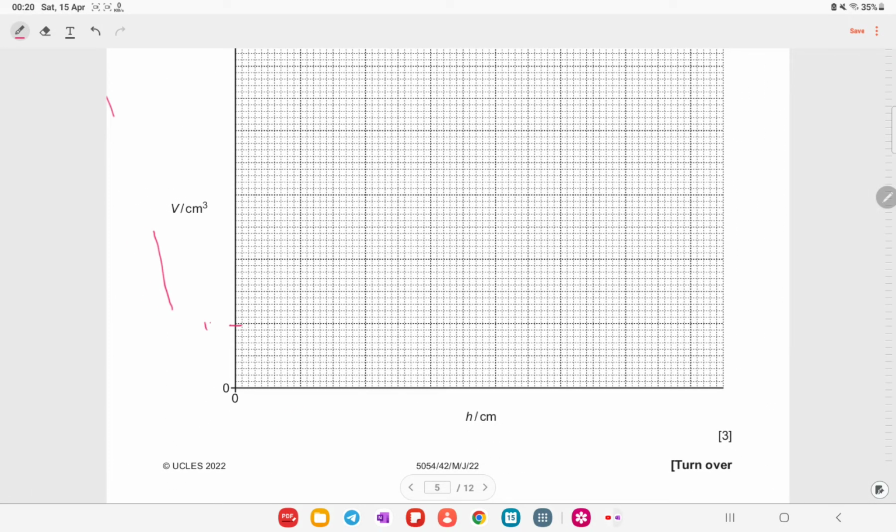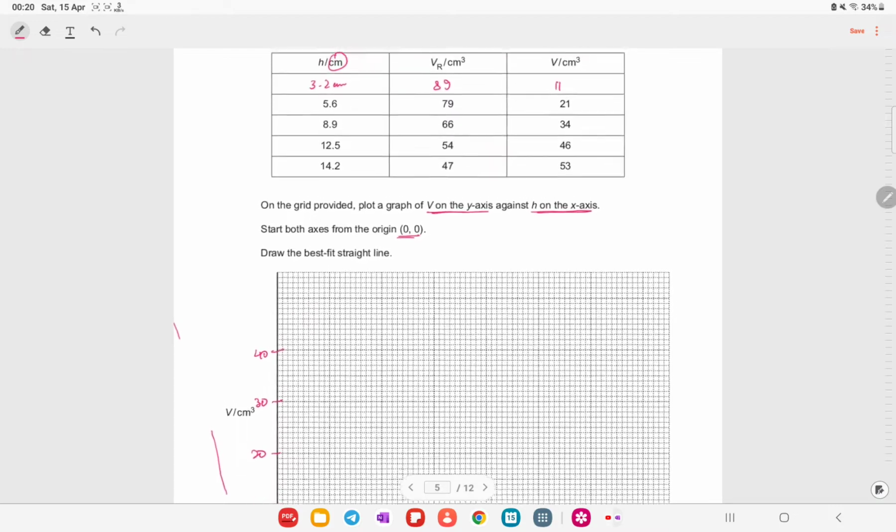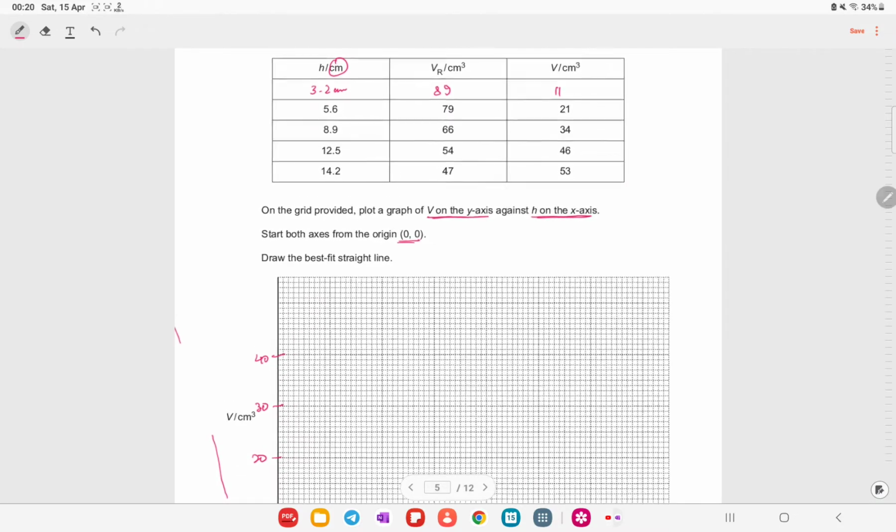This is going to be 10. This is going to be 20, 30, 40, and what else is there? Okay, 40, and this is going to be 60. And okay, I'll draw till this point. Can I change the values?